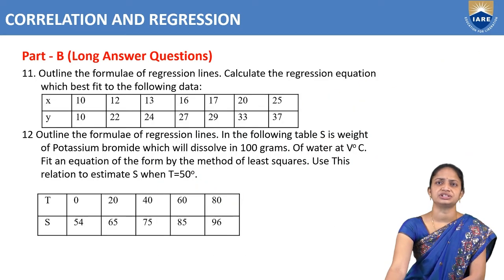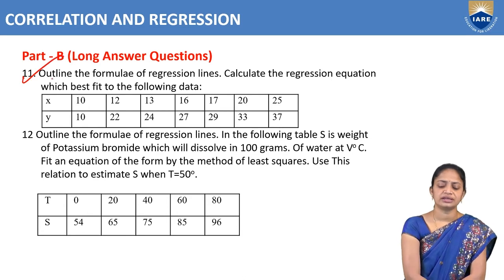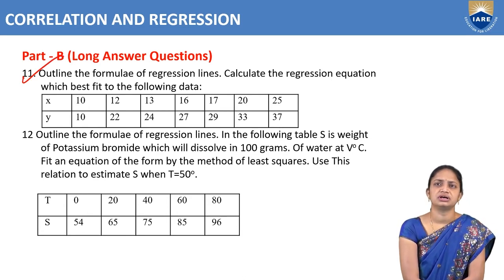Now coming to the next question, outline the formula for regression lines. Calculate the regression equation which is the best fit to the following data. Here they have not mentioned whether we have to use the regression line of y on x or x on y, so we can use any method.